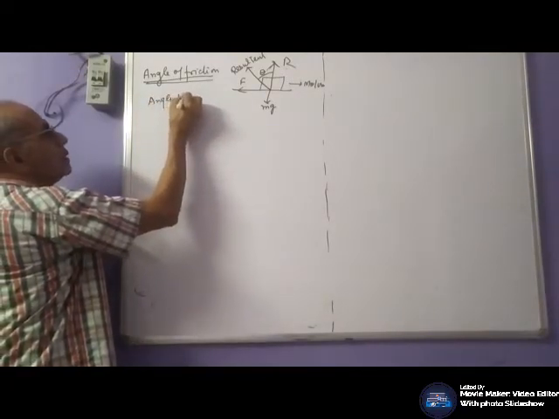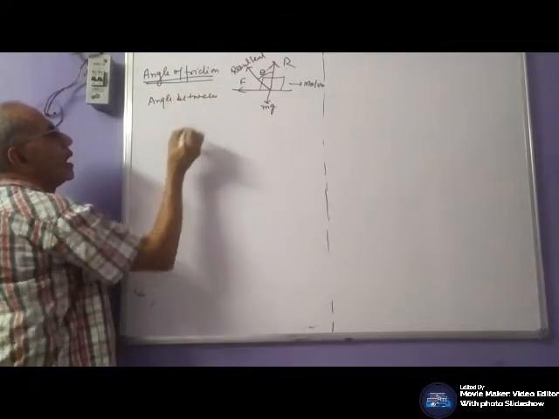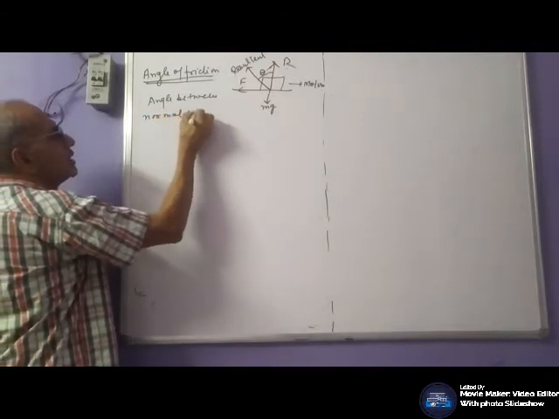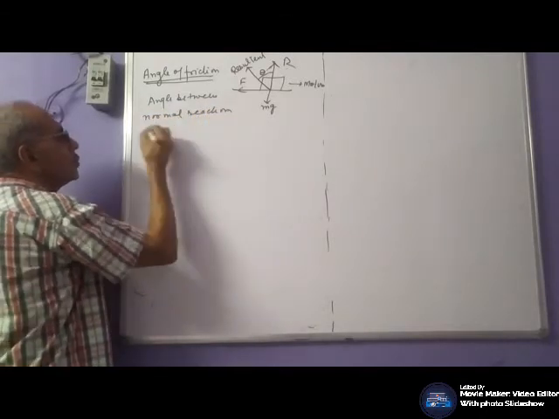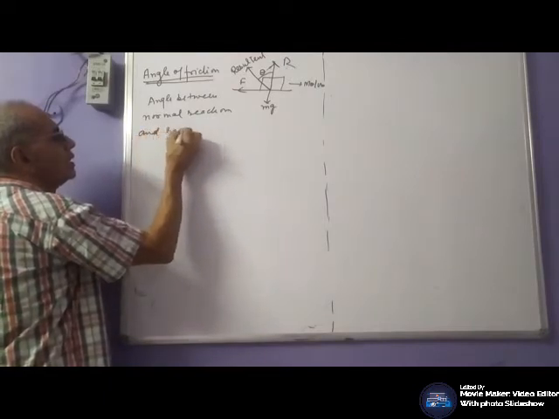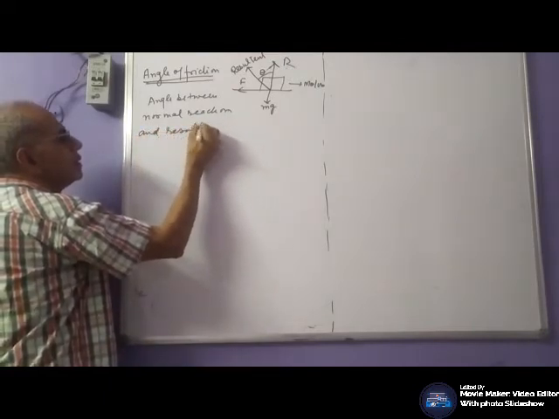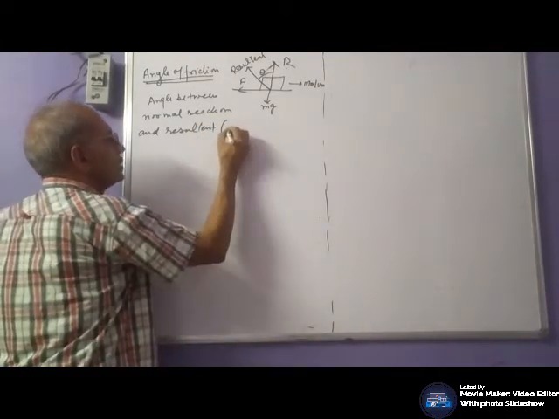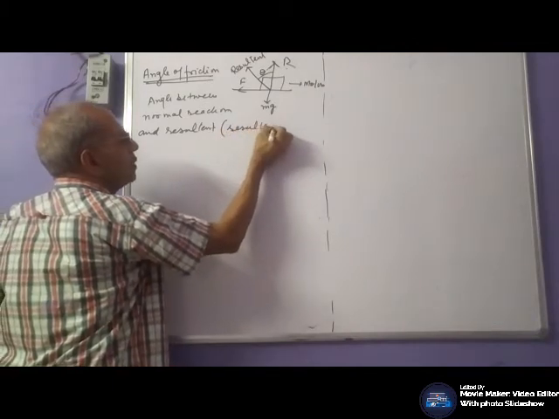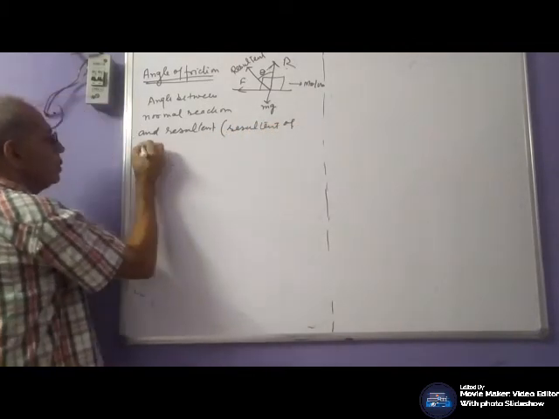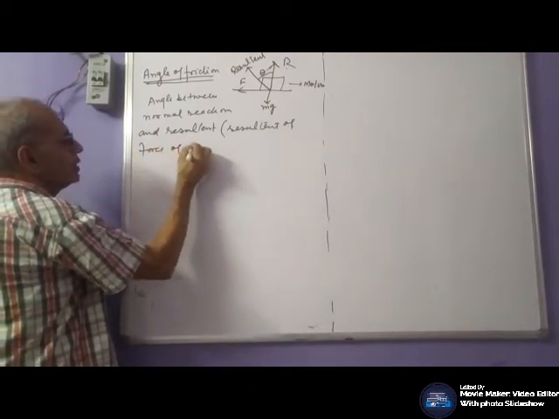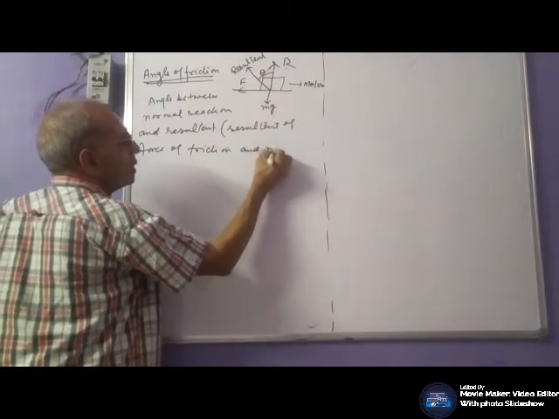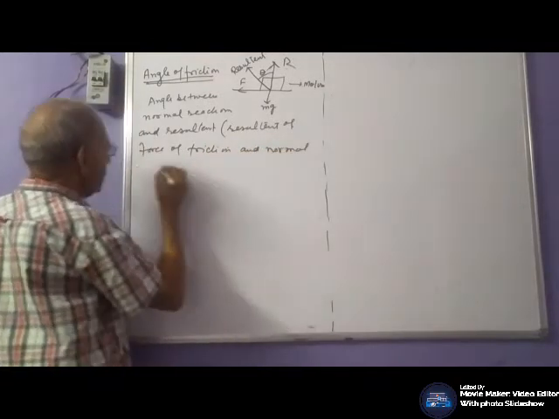Angle between R, normal reaction, and resultant. किसका है ये? रिजल्टेंट ऑफ force of friction and normal reaction.